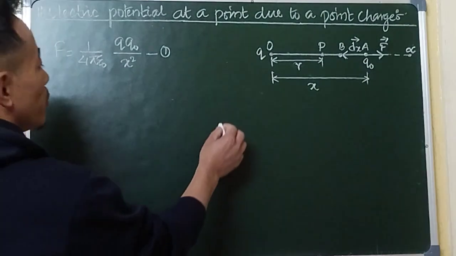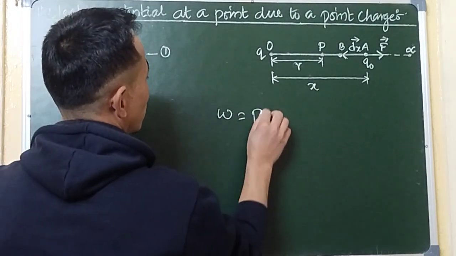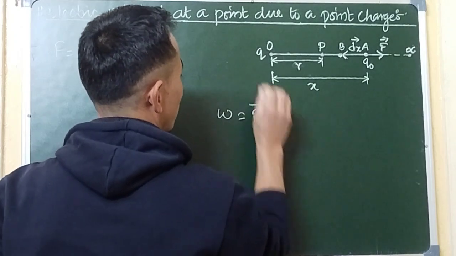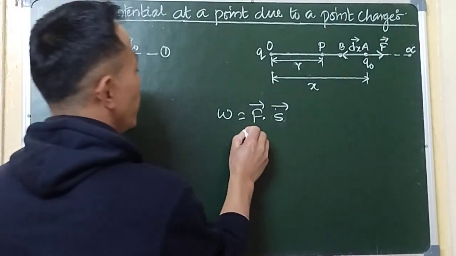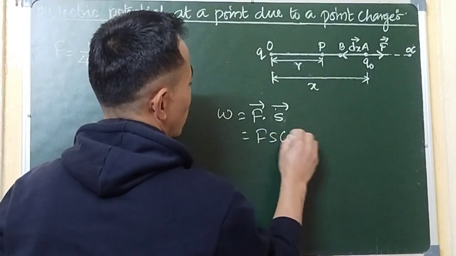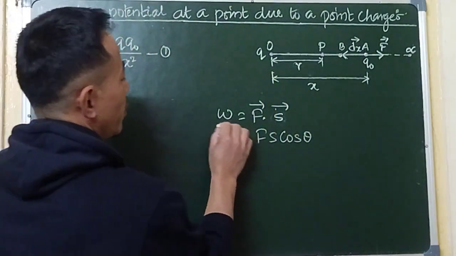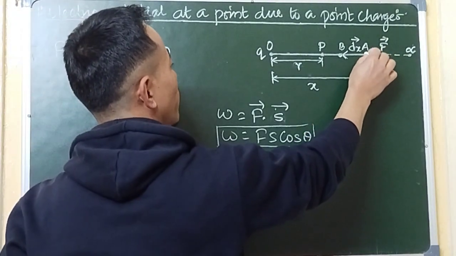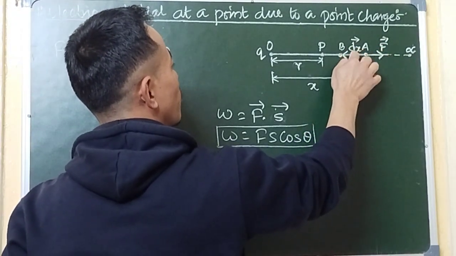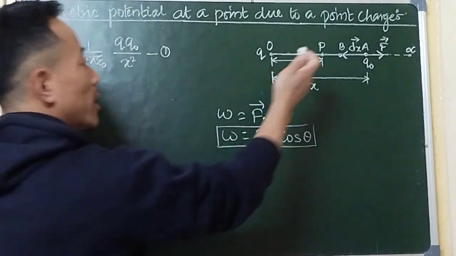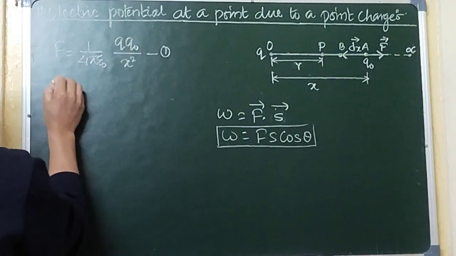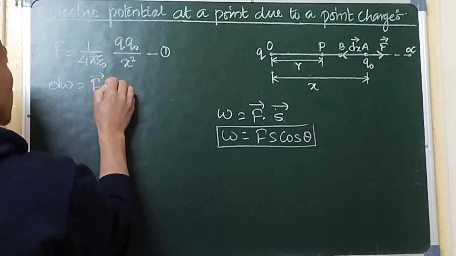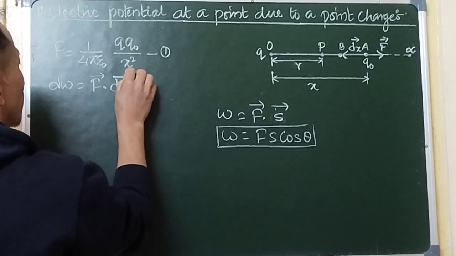Now we know the expression for work done is W equals F dot ds, or F dot simply S, force dot displacement. It is the dot product, and when we expand this it becomes F S cos theta. So we will be using this expression here to find out the work done on charge Q0 when we take it from point A to point B through a small distance dx. Since we are taking it through a small distance, work done will be dW, a small work done, and that will be force dot displacement, here dx.